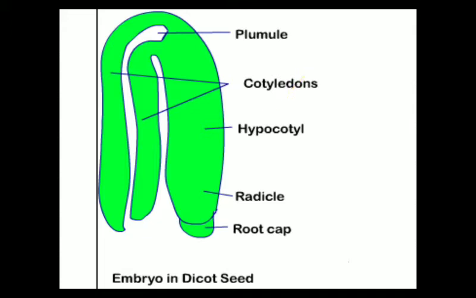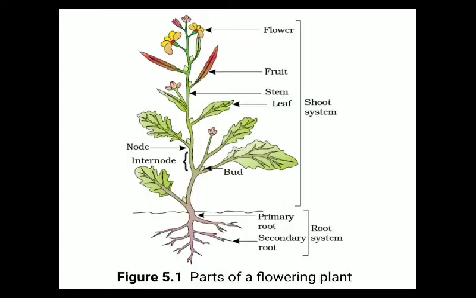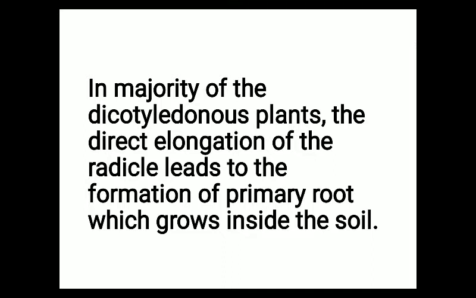So this is a structure of a dicot embryo. In the dicot embryo, the radicle part differentiates and gives rise to the root system. So here it is written, the radicle leads to the formation of primary root which grows inside the soil.